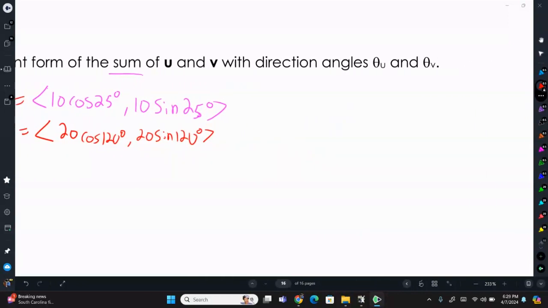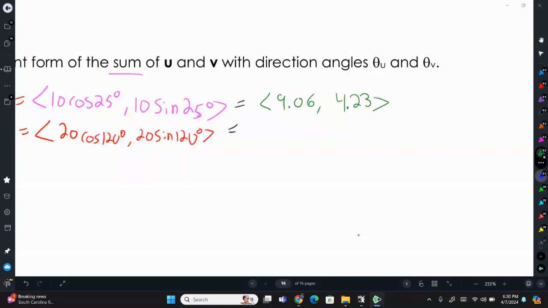So I'm going to evaluate these using the calculator and then add up the horizontal components and then add up the vertical components. So 10 times the cosine of 25 is 9.06, and 10 times the sine of 25 is 4.23.